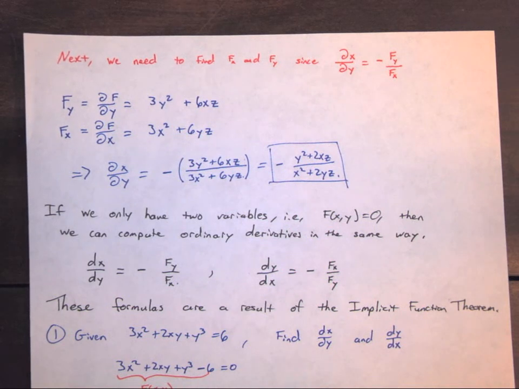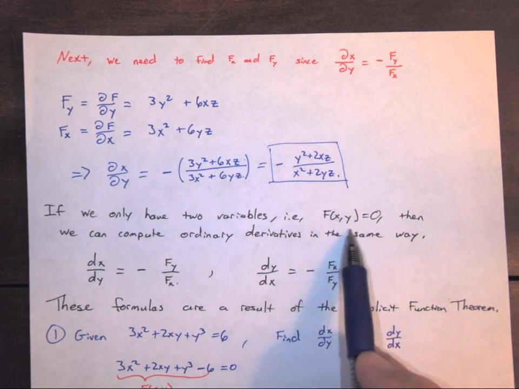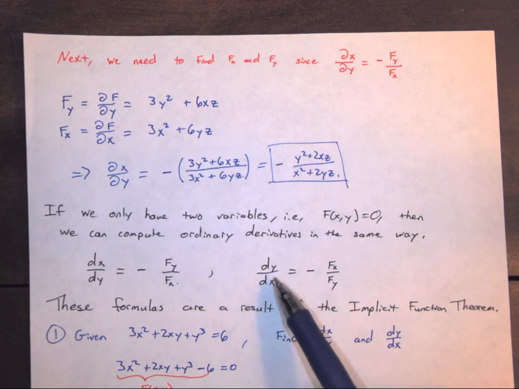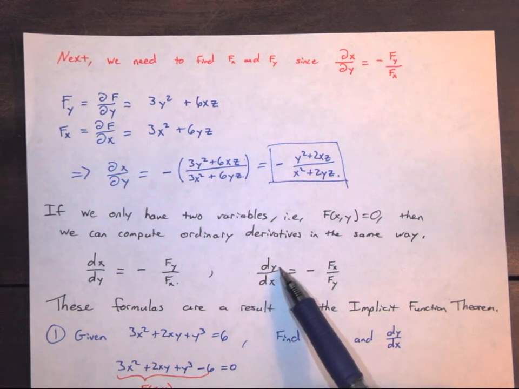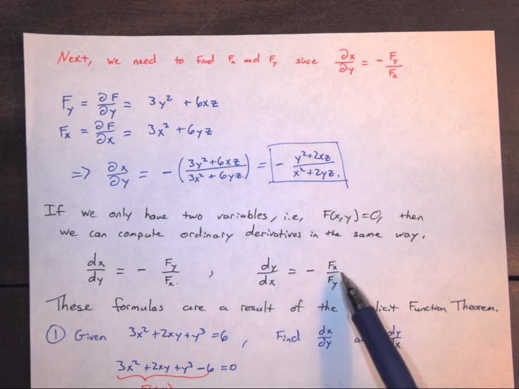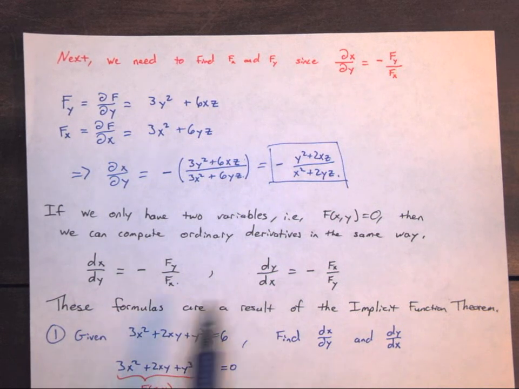So that's an ordinary derivative. Now, these are partial derivatives because F, as I've written it, is a function of two variables, so those have to be partial derivatives. I can also define the ordinary derivative, the derivative of y with respect to x. Again, we think of y as a function of x, it will be a function of one variable. So I can write that as minus the partial derivative of F with respect to x, over the partial derivative of F with respect to y. It's really the same rule, it's just now we have ordinary derivatives.